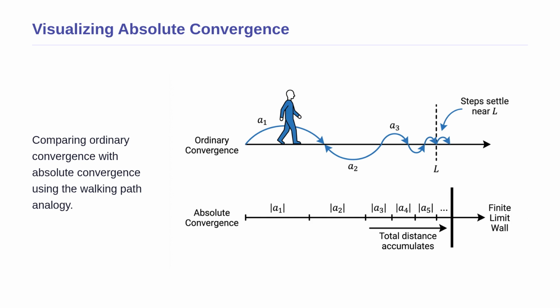Here, every single step, whether originally forward or backward, is laid out end to end in the positive direction. We are accumulating the total distance. The thick vertical line on the right represents a finite limit wall. Because the total accumulated distance does not crash through this wall, the series is absolutely convergent.